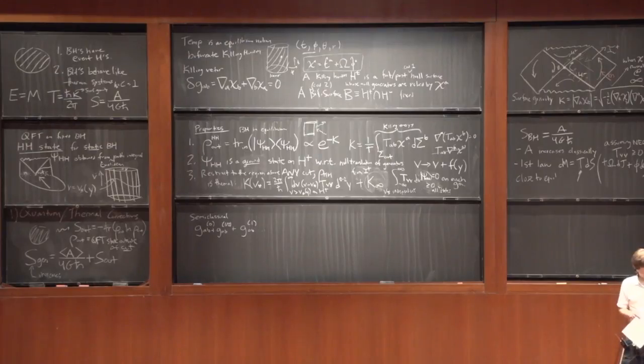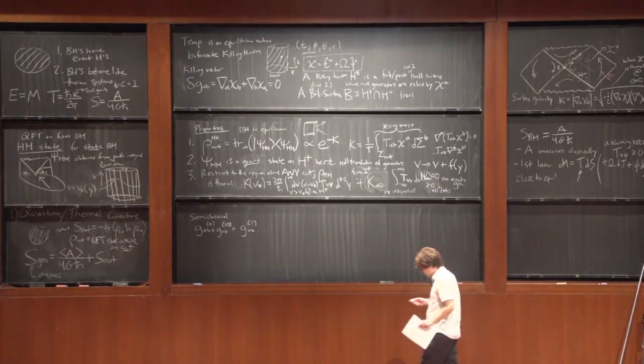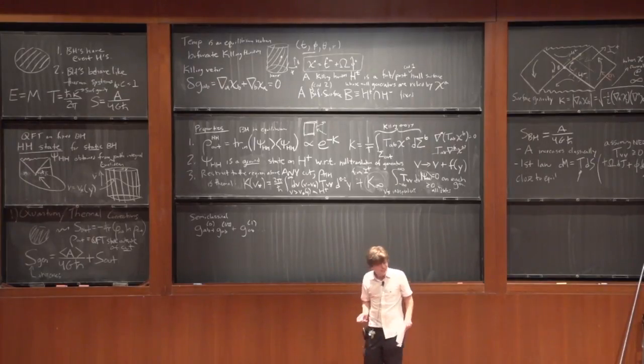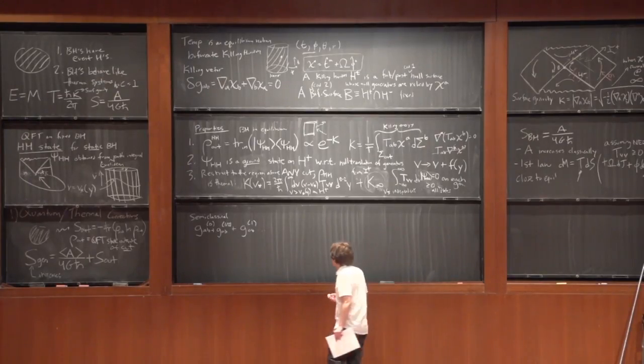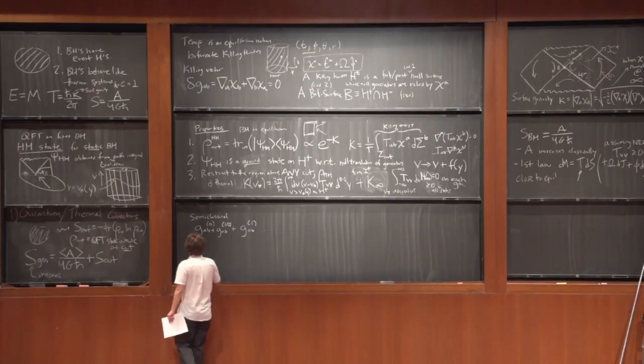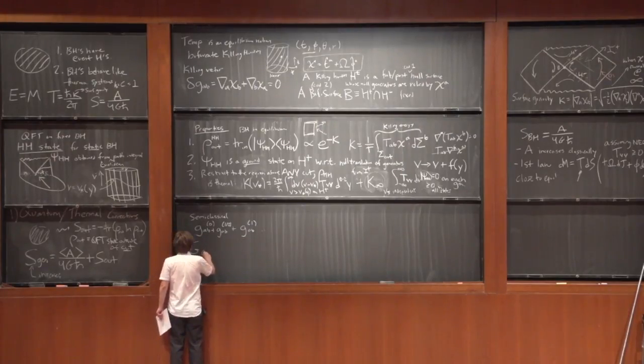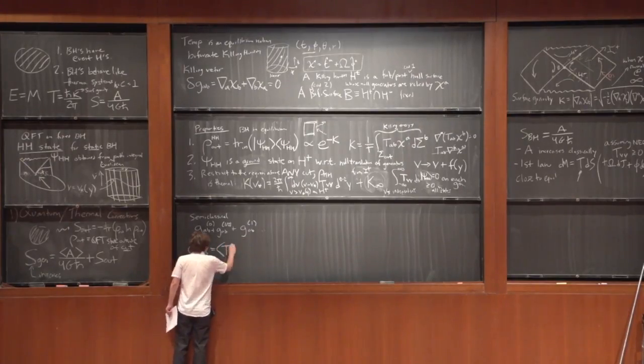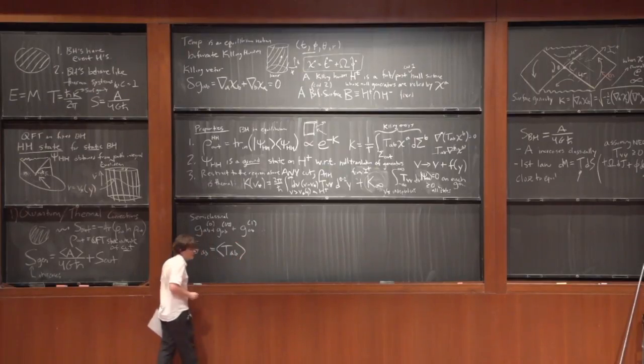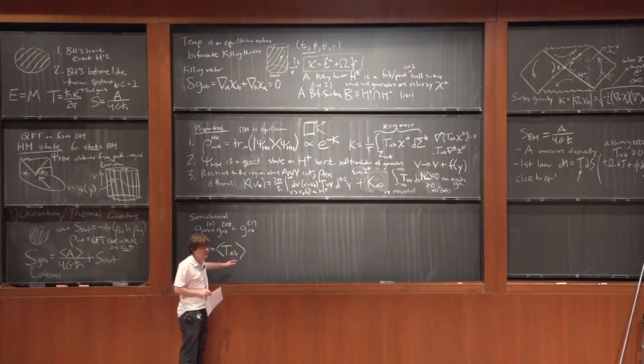linearized back reaction perturbations. So this raises the question of the semi-classical Einstein equation. A lot of people write down something like G_AB equals expectation value of T_AB. And this is sort of a bogus equation most of the time, because this thing could have variance.